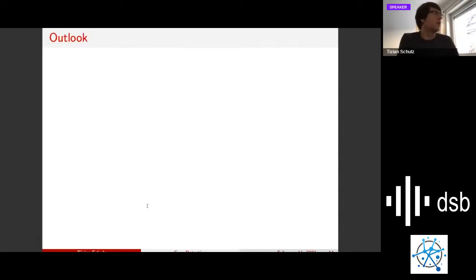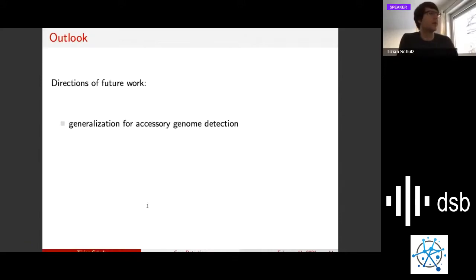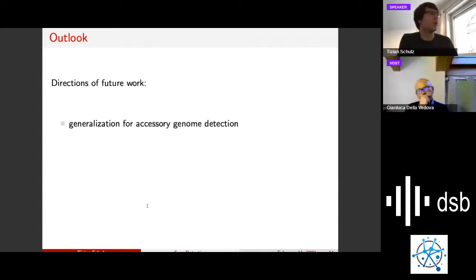Okay, let's come to a conclusion and an outlook on future directions of work. First of all, I would like to generalize our model for defining the core of a pangenome, also to allow for detecting an accessory genome. That should be possible with only slight modifications.